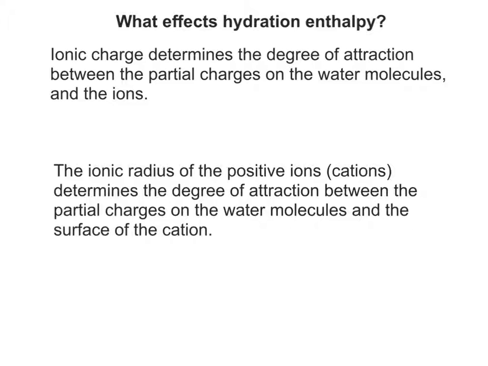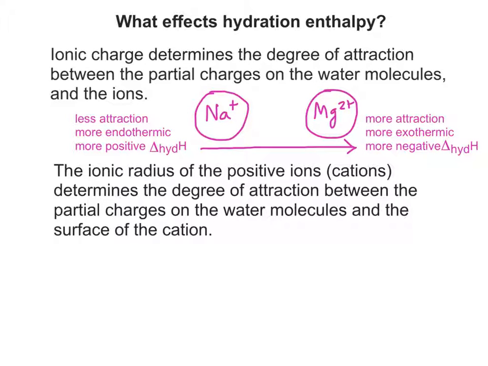Much like lattice enthalpy, hydration enthalpy is affected by ionic charge and ionic radius. The greater the ionic charge, the greater the attraction. The lesser the ionic charge, the lesser the attraction.